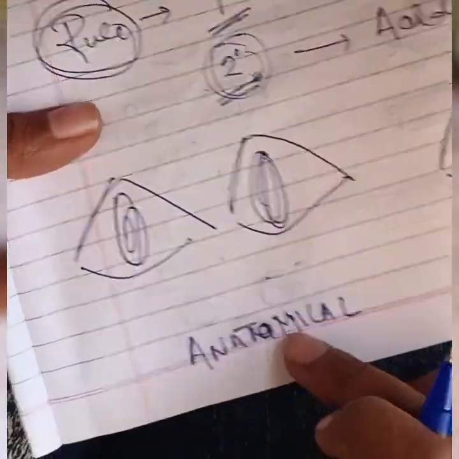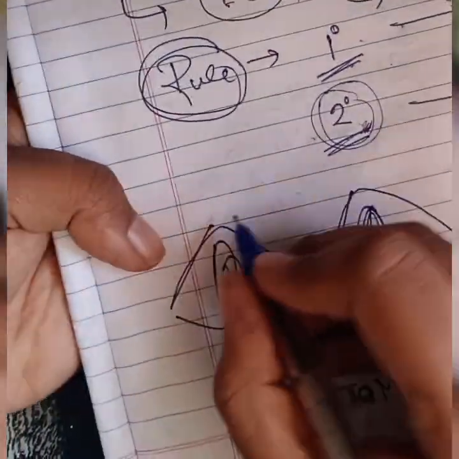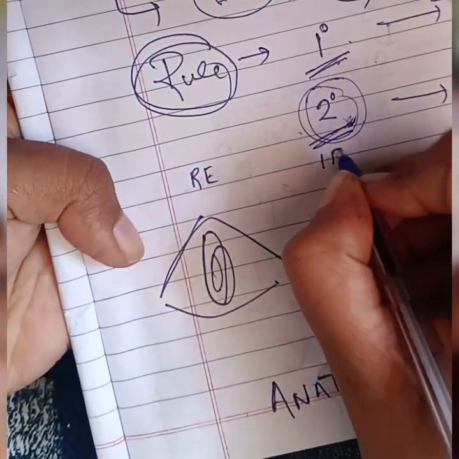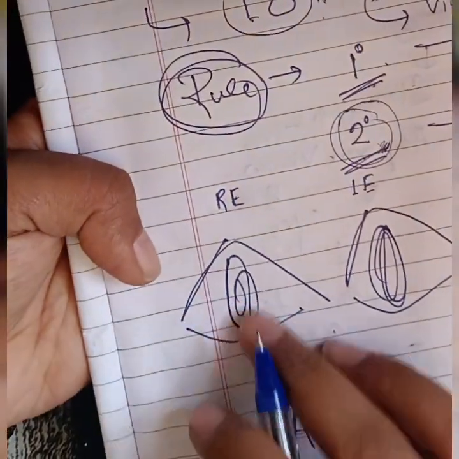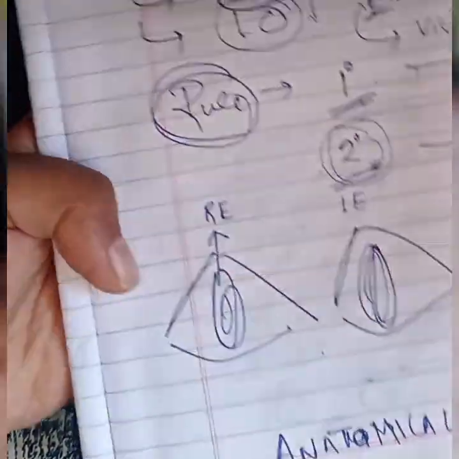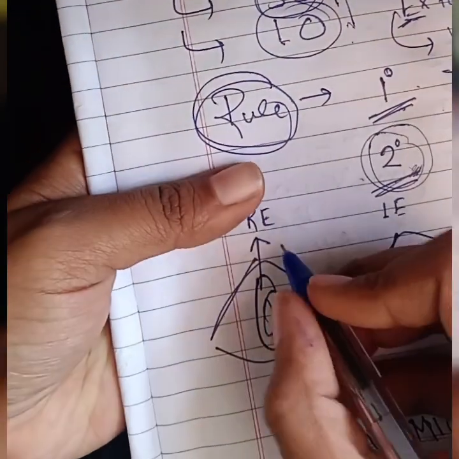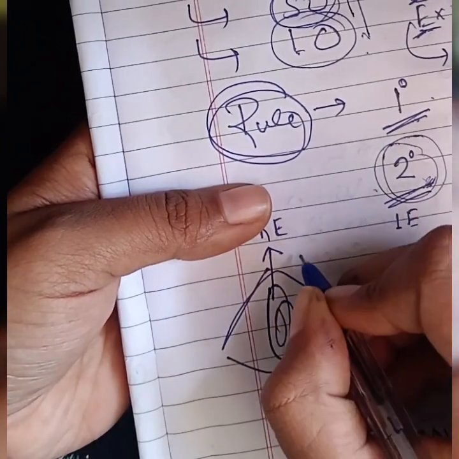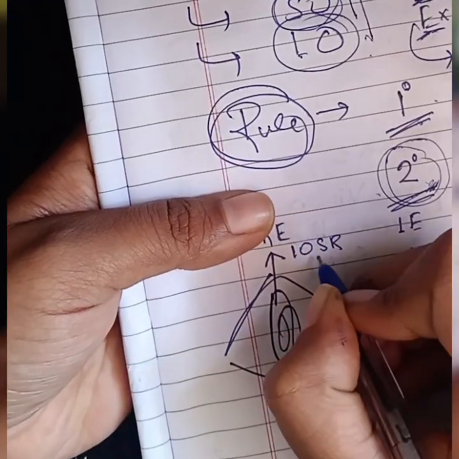So now we come to your anatomical actions and your clinical actions, for your right eye as well as left eye. So we take this as right eye, we take this as left eye. Now anatomical actions for right eye: that is elevation. Elevation can be done by your inferior oblique and superior rectus.